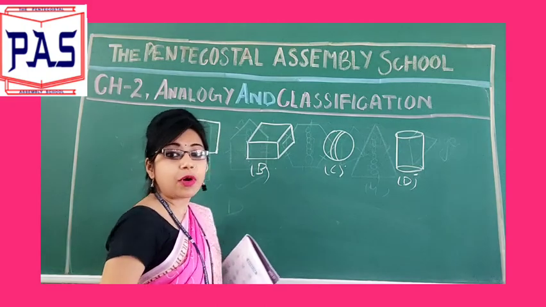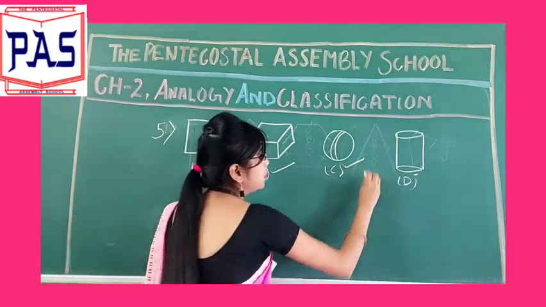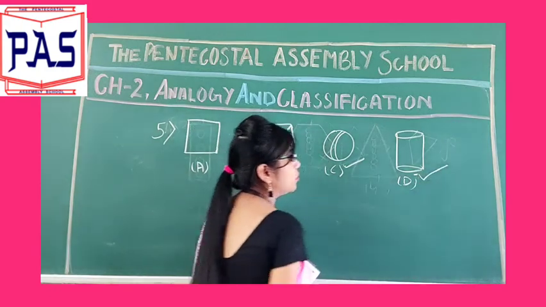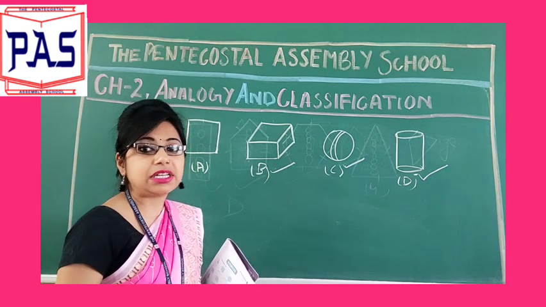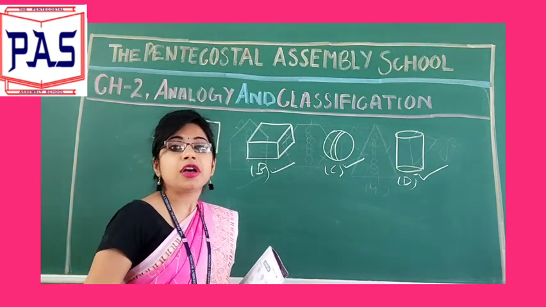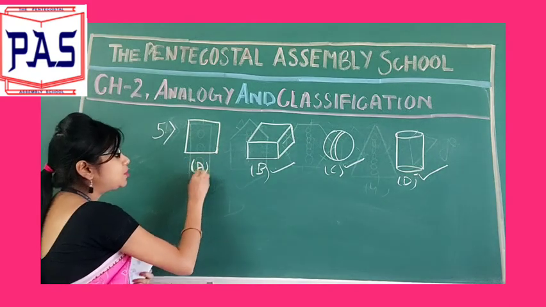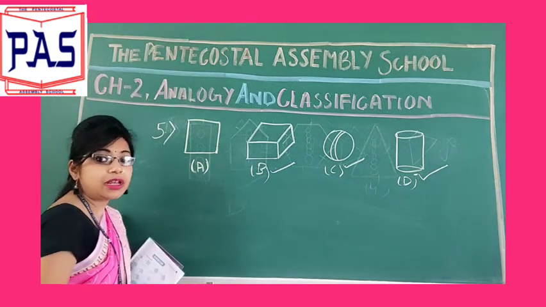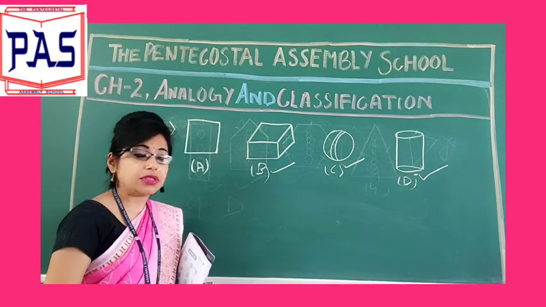So as we all know, cuboid, sphere and cylinder, all these figures given in options B, C and D respectively are solid figures. But the figure given in option A, which is a square, is not a solid figure. So which one is odd?